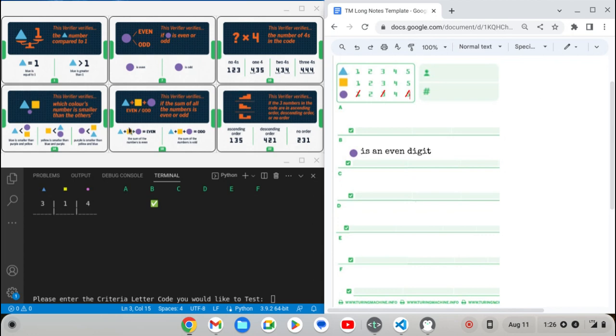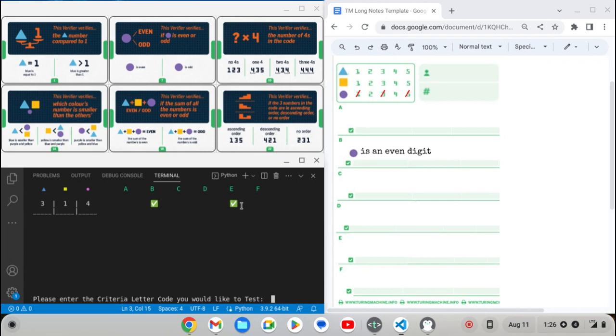The next thing I'd like to find out is whether the sum of the 3 digits is even or odd. So let's go ahead and test criteria card E. Okay, so again, we're going to add up our 3 digits. So if I add up my proposal, 3 plus 1 is 4, 4 plus 4 is 8. That sum is even.